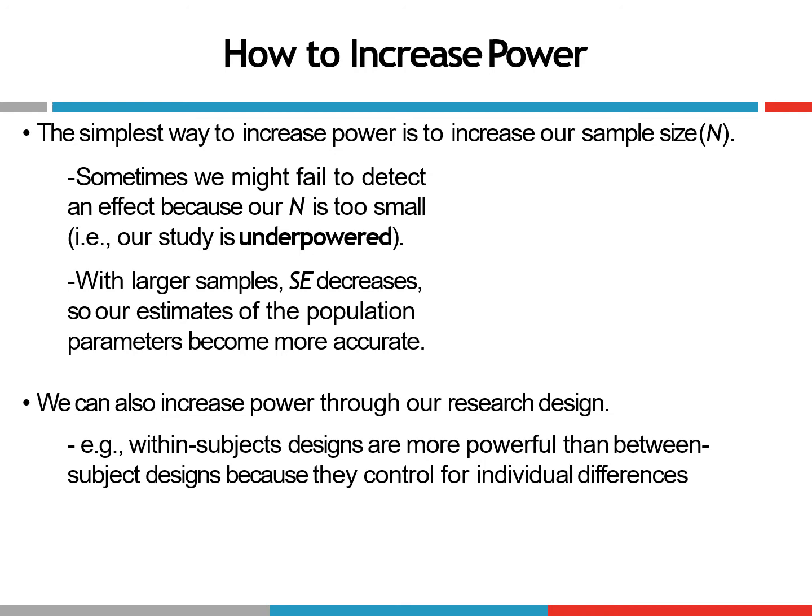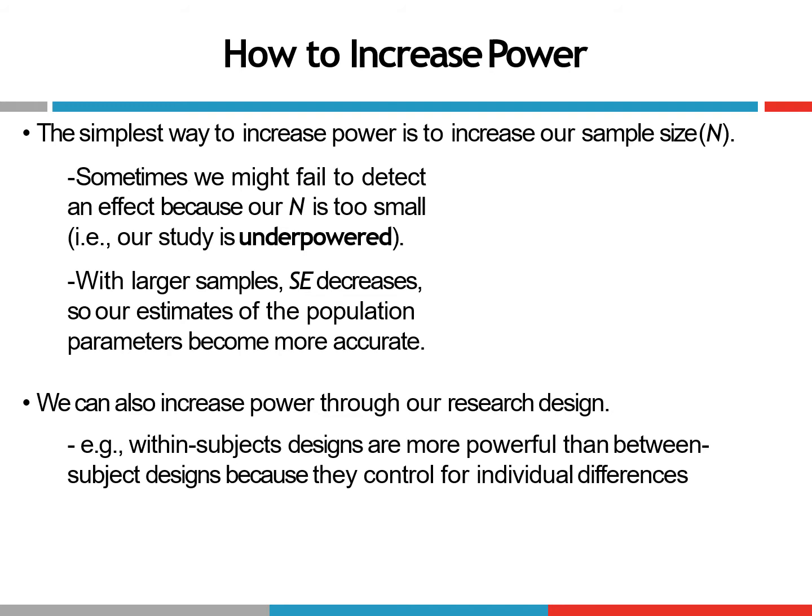We can also increase our power through our research design. In my last video, I talked about two different potential designs in reference to t-tests. Independent t-tests, because we're making comparisons between two different groups of people, is a between subjects design.